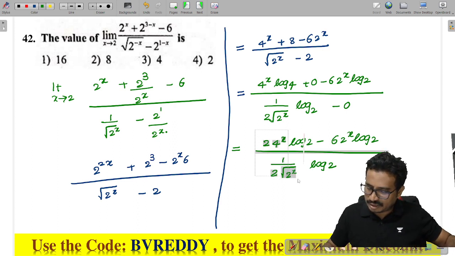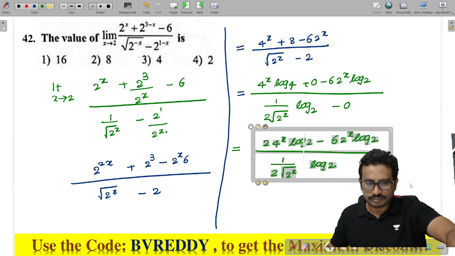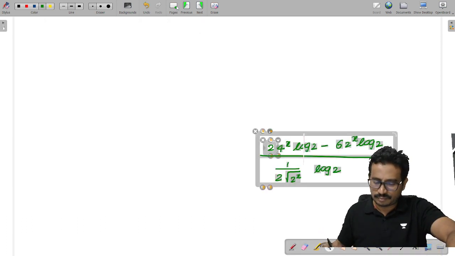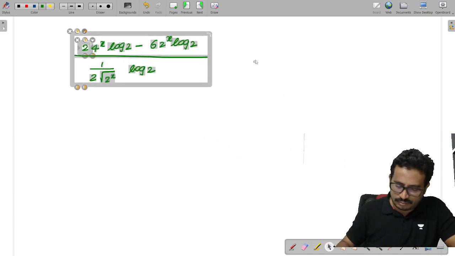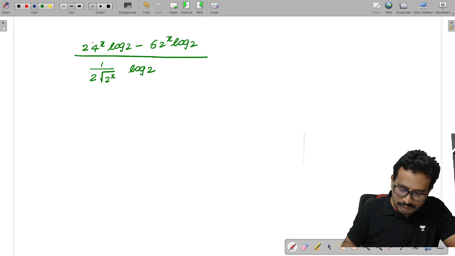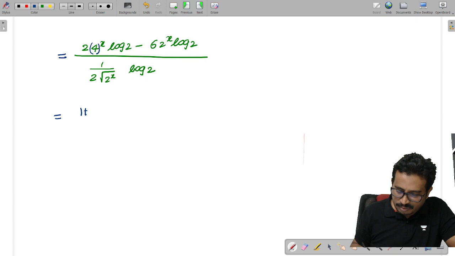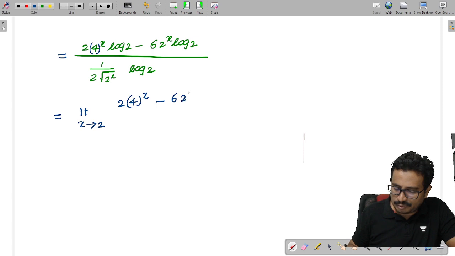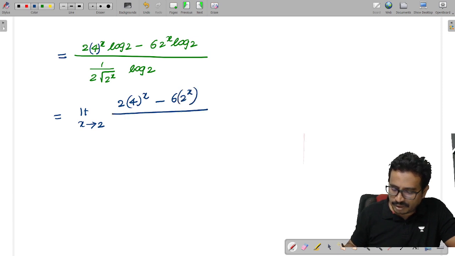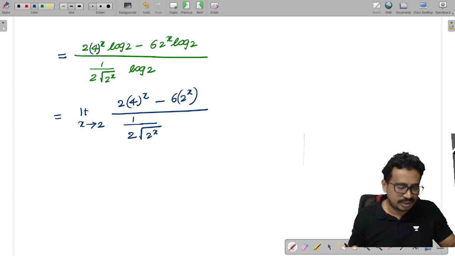If I cancel this log 2, tell me what is left: limit x tends to 2 of 2 into 4 power x minus 6 into 2 power x, by 1 by 2 into square root of 2 power x. Isn't it?